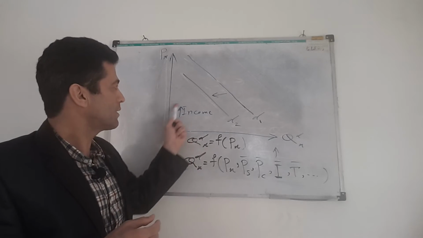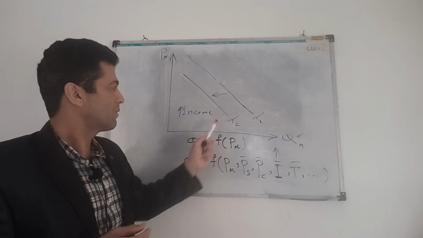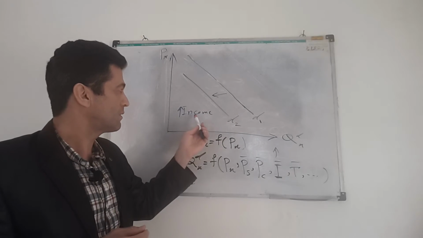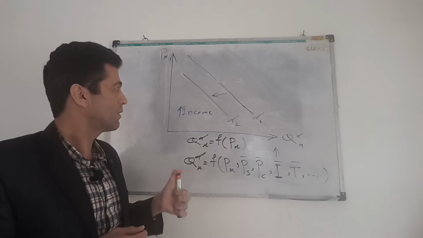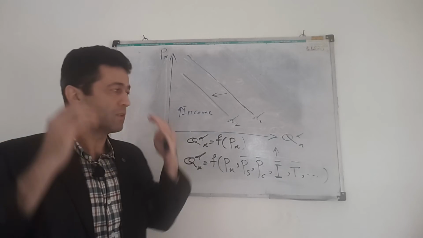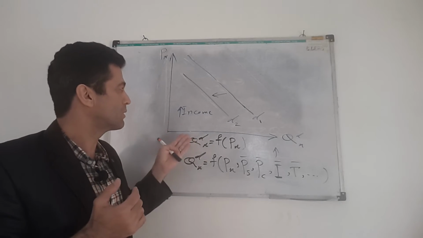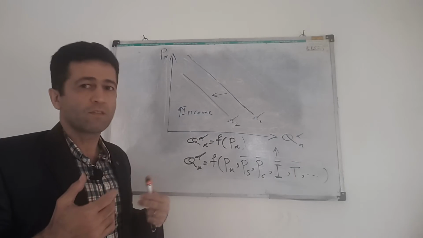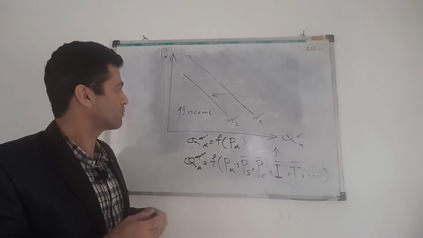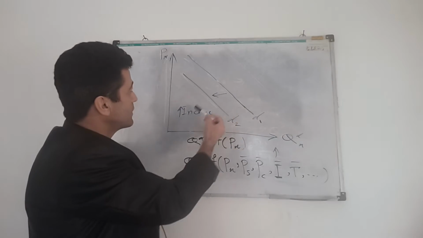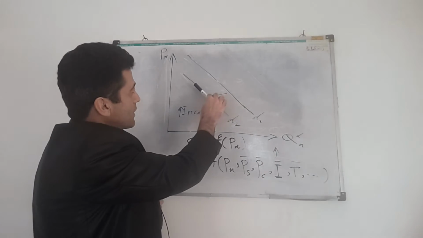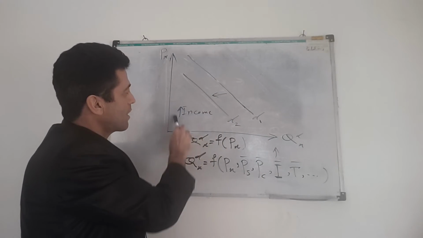Now our income increases, we decide to buy less of this good that in our mind is a bad good, and we will buy another good that we think is a better good. So the demand curve for this inferior good will shift to the left side because of increasing personal income.